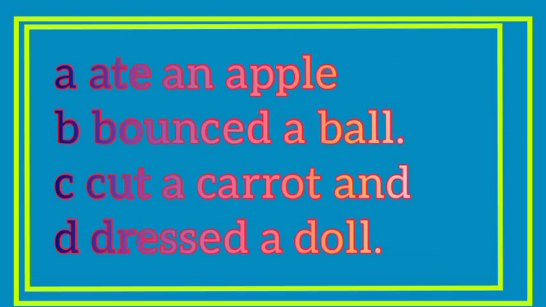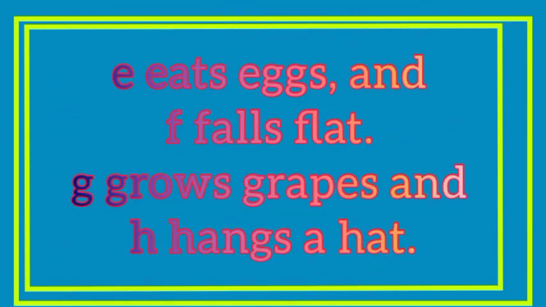A ate an apple, B bounced a ball, C cut a carrot, and D dressed a doll. E eats eggs, and F falls flat, G grows grapes, H hangs a hat.